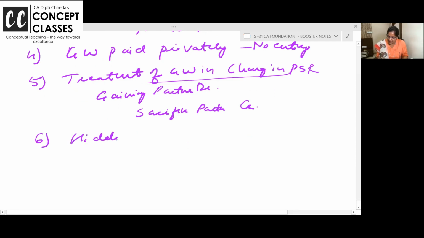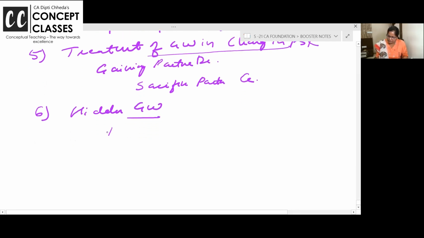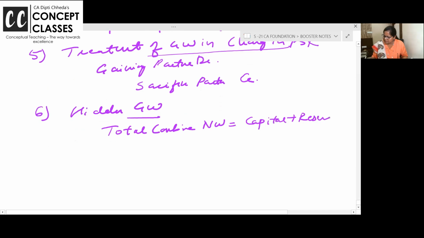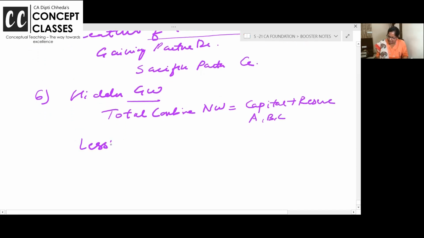Last, hidden goodwill. Total combined net worth: capital plus reserves, A, B, C capital and reserves. Less C's capital for his share.